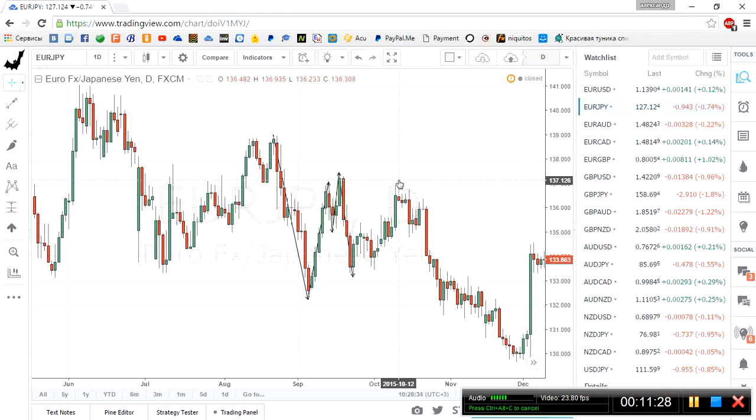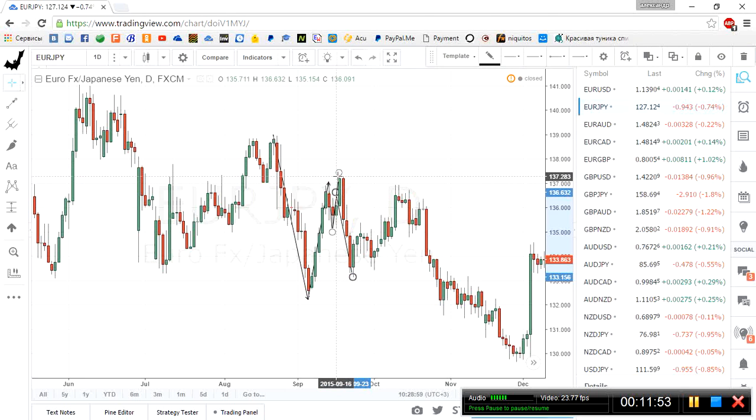So you can take impulse swings, those that violate the previous swing's range, and you can trade them having some formation, zigzag formation or whatever you are trading, or just simply taking some retracements.